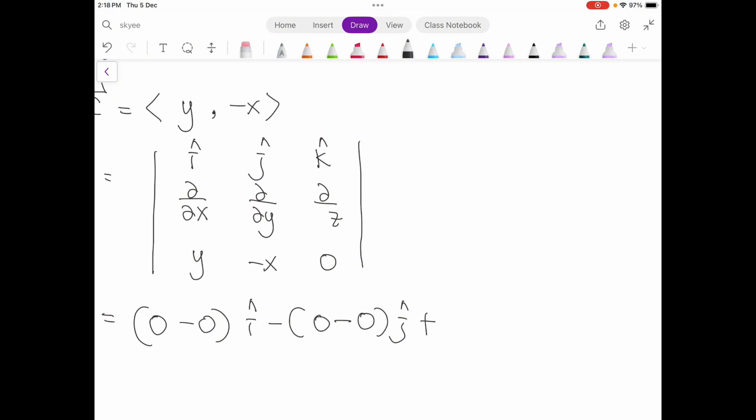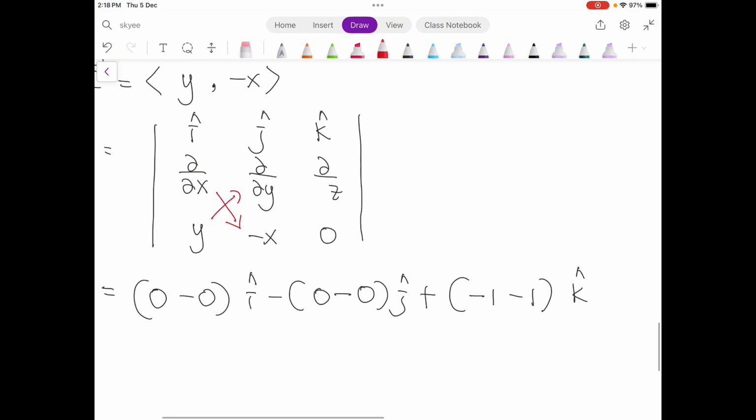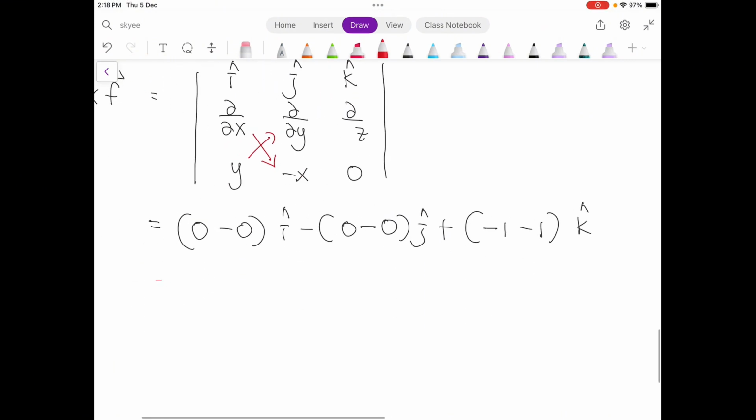So del x of negative x, you get negative 1, minus del y of y, you get 1, so it is k. Differentiate with respect to y and differentiate with respect to negative x, so you get this. So your answer will be equal to negative 2k. This is the answer of your cross product.